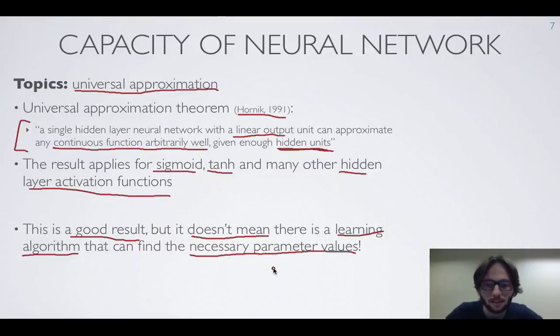And in fact, there aren't really any known algorithms that can do this for any type of function. We'll see that this is a whole field of research, trying to develop more and more improved learning algorithms that can learn more and more types of functions, and more specifically that can solve more and more types of problems usually related to artificial intelligence.